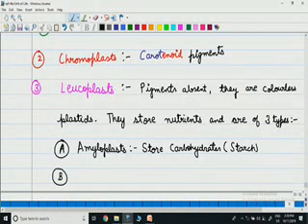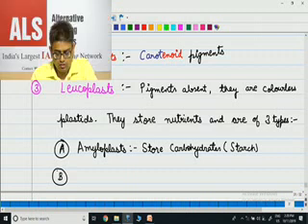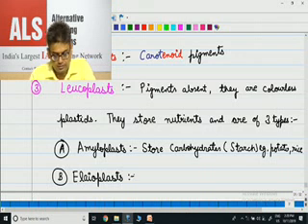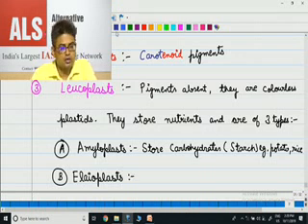Second, B. Example you can write potato, rice, etc. Second is elaioplasts. They store oils and fats.